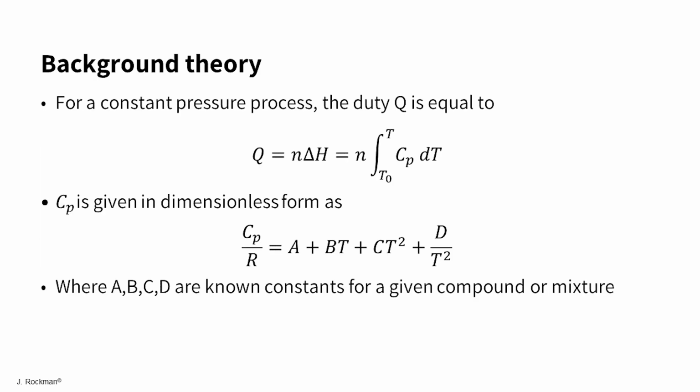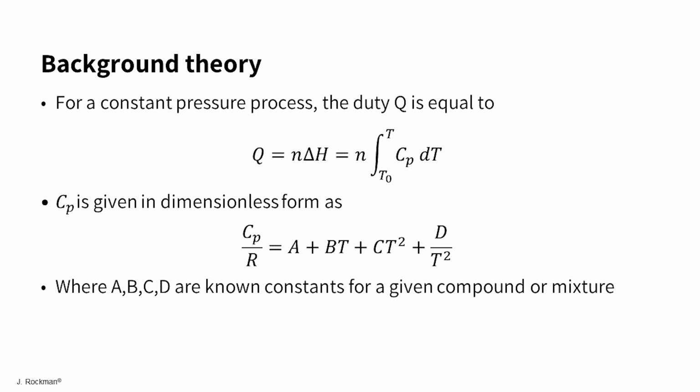Here's the problem statement. For those of you who've learned chemical engineering thermodynamics, it's a classic. We're going to calculate the outlet temperature of a gas with a known specific heat function, while the total amount of energy, or as it's called in industry, the duty, is defined. The amount of heat Q, or duty, in a constant pressure process is equal to the change of enthalpy, delta H, and for a pure substance with no phase change or reaction, is given as the integral of the constant pressure specific heat Cp.